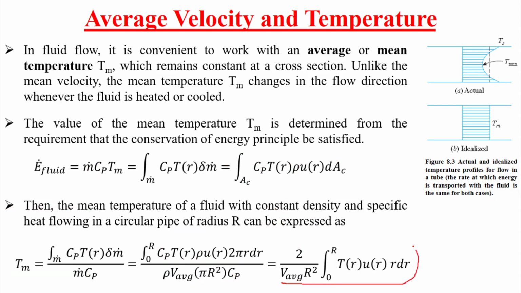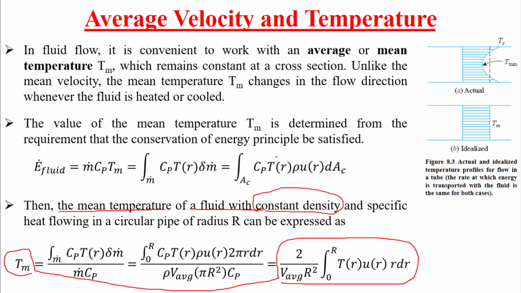So this equation we'll use to find the mean temperature at any location. Then the mean temperature of a fluid with a constant density, this is why we take it outside the integration, and constant specific heat, which we take again outside the integration, in a circular pipe of constant diameter can be expressed as this equation.